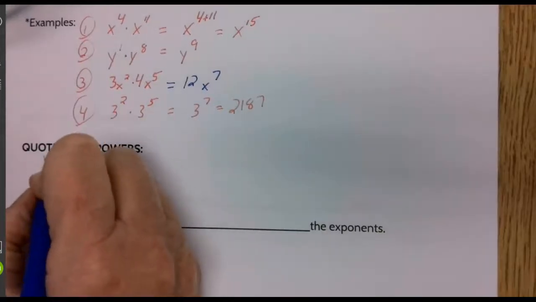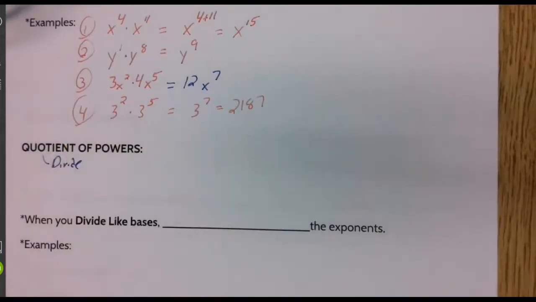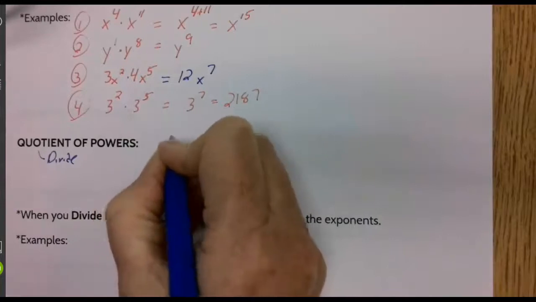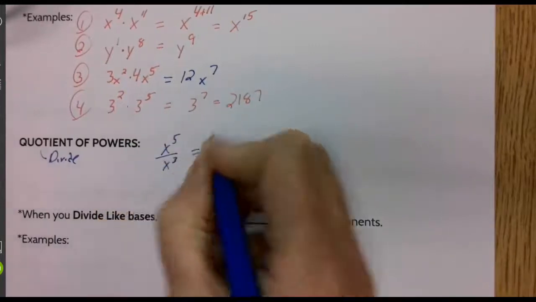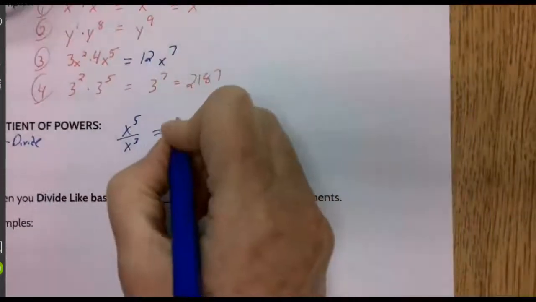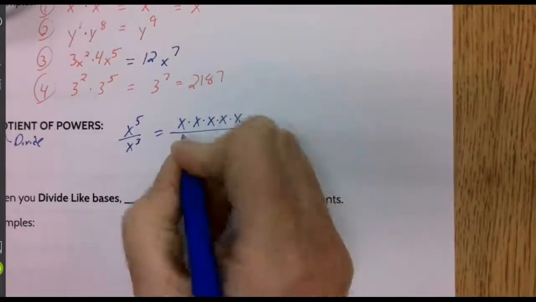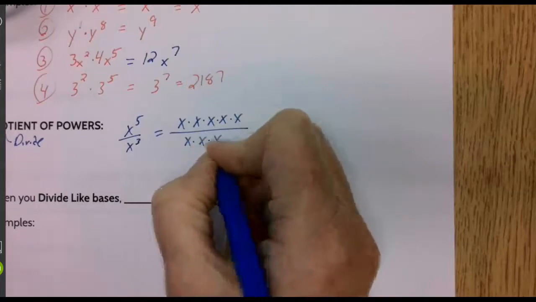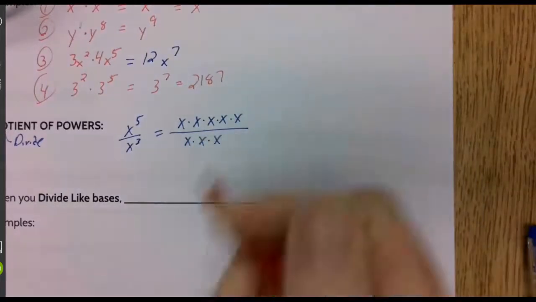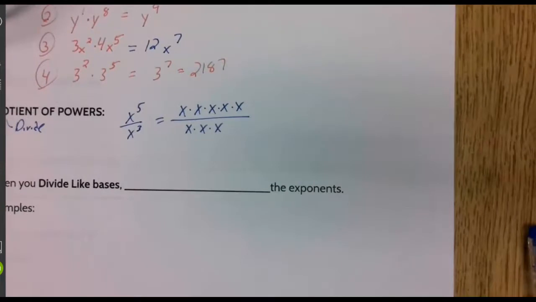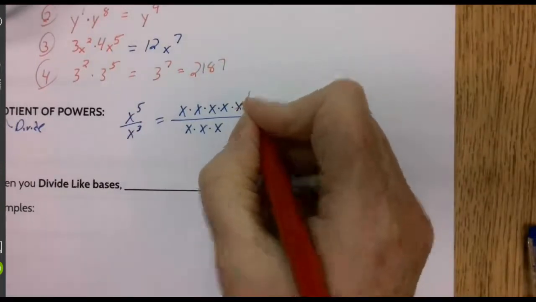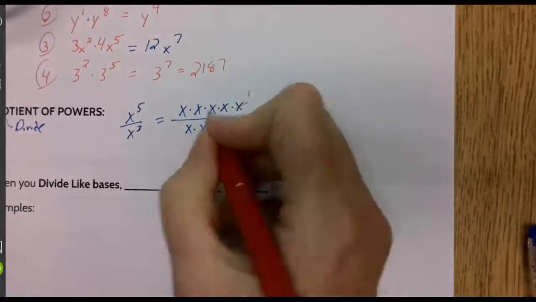Quotient. Quotient means division. Divide. Okay? So here we have x to the 5th over x to the 3rd. Now let's do it like we did it up here. Let's write it out. So that'd be 1, 2, 3, 4, 5 x's over 1, 2, 3 x's. So now what we're going to do is we're going to simplify this. And if I have 1 on the top, 1 on the bottom, they cancel each other out.